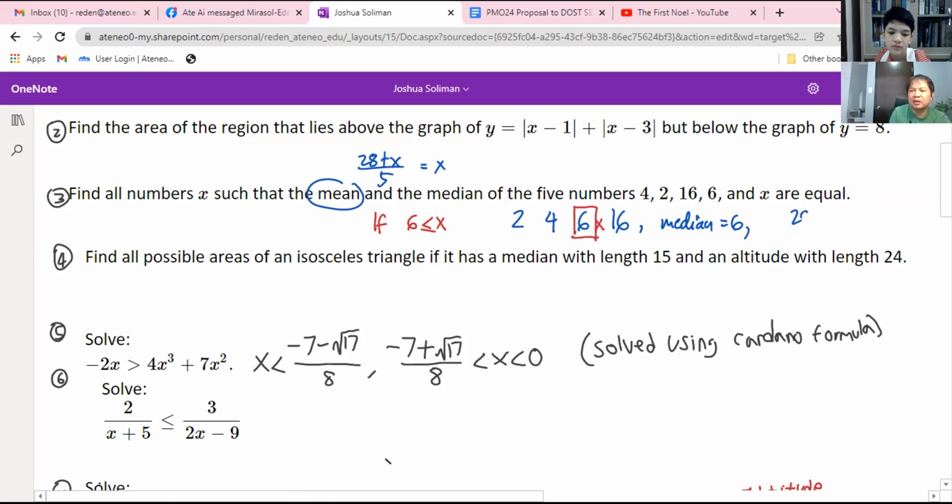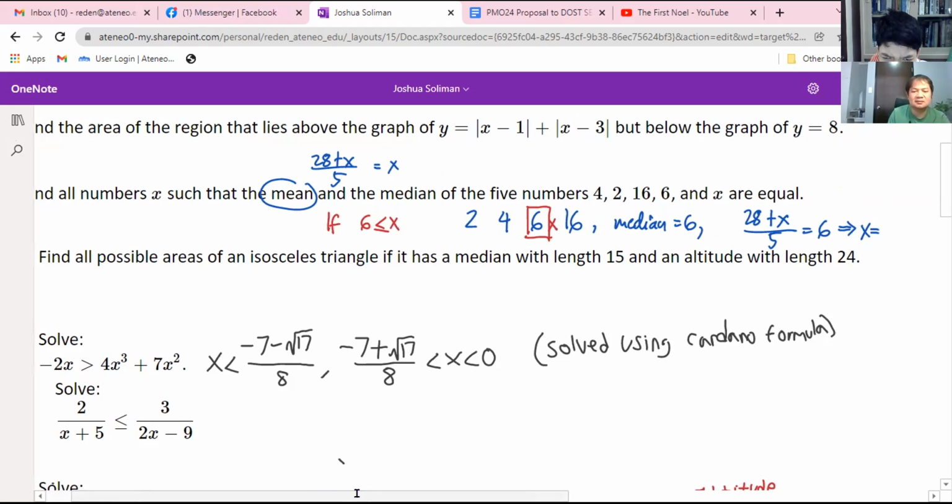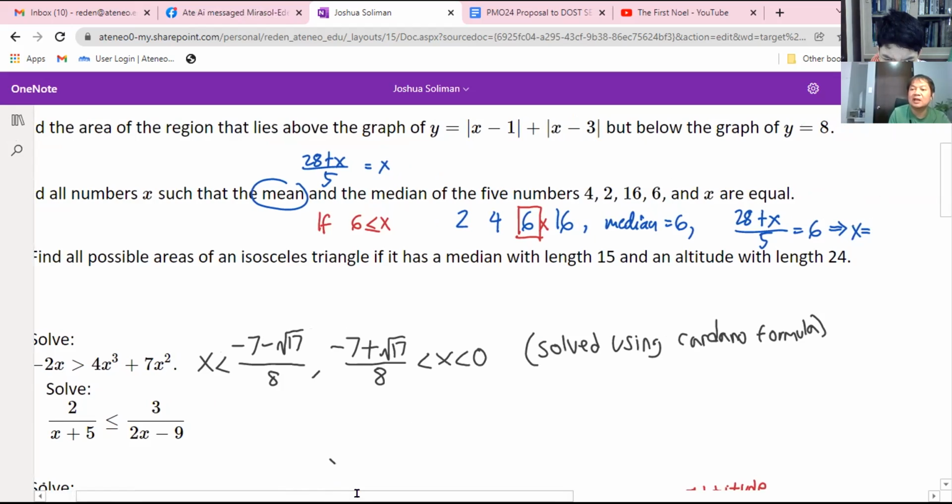So we would have 28 plus x over 5 equals 6. However, when you solve this, what value of x would arise out of this? 30, and then x would equal 2. X would be equal to 2.